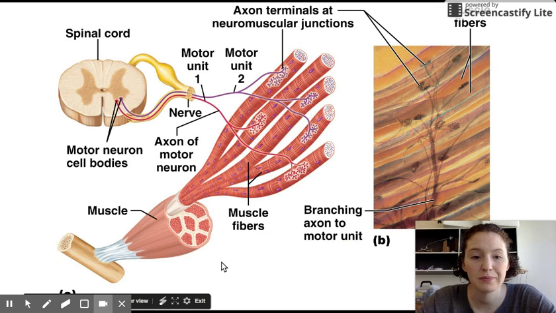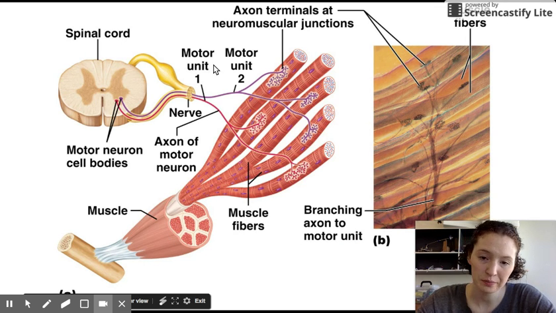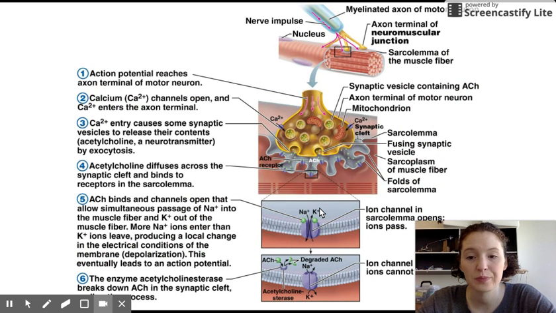Oh, back a bit. This is just another version of this picture here, where we have two different motor units. And here we actually have a slide showing the nerve cells branching and the axons attaching to muscle fibers themselves.